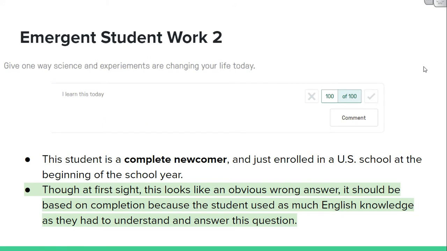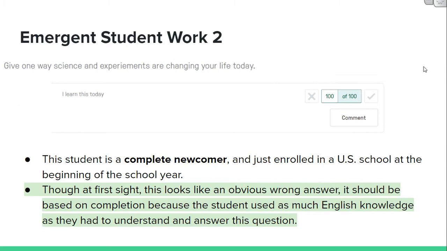Here's another example. This is from an EdPuzzle. This emergent student was told, give one way science and experiments are changing your life today. Since she did not have subtitles in Spanish to understand what she was being asked in the video, her response was with as much English as she knew, which was, she said, I learned this today.